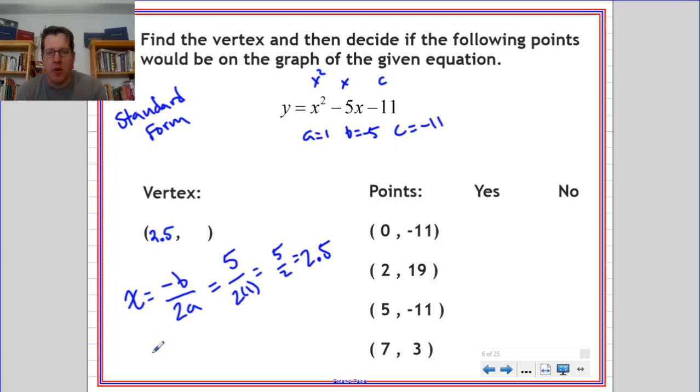To find the y-coordinate of our vertex, we take that x value and we plug it in. You have to use parentheses while you do this.